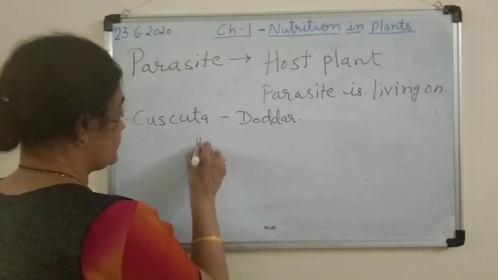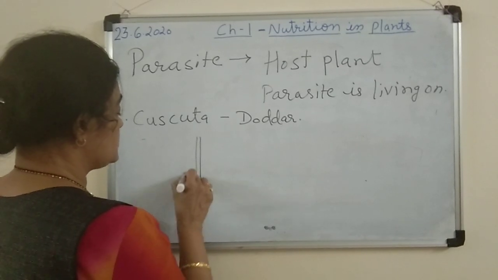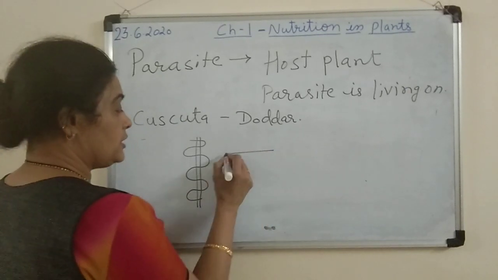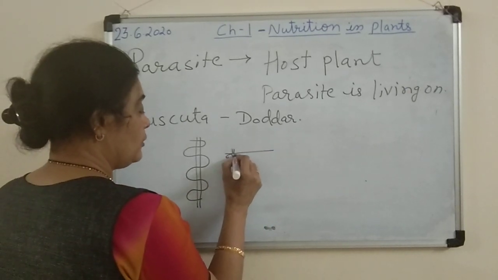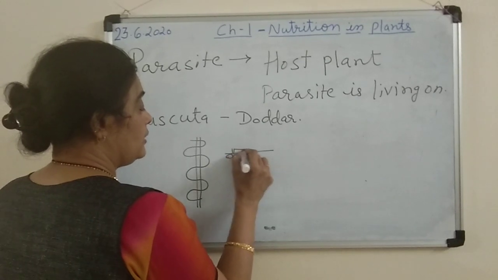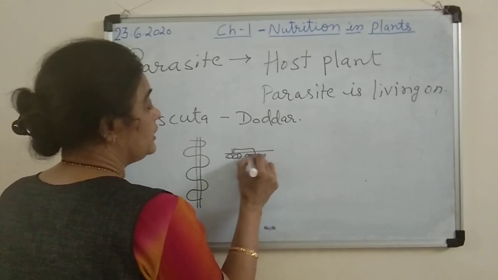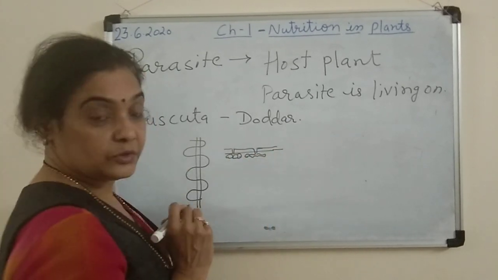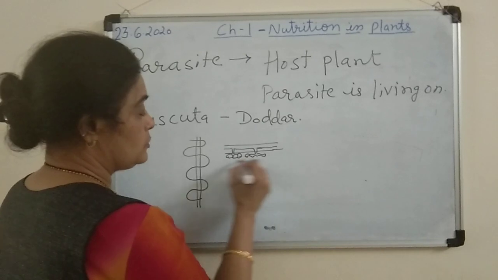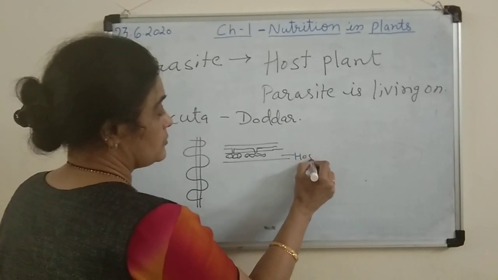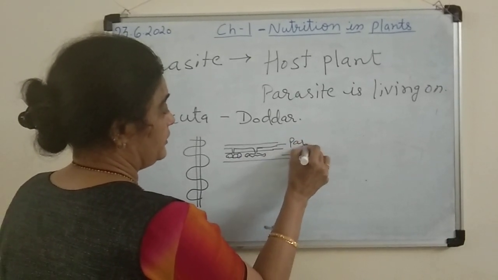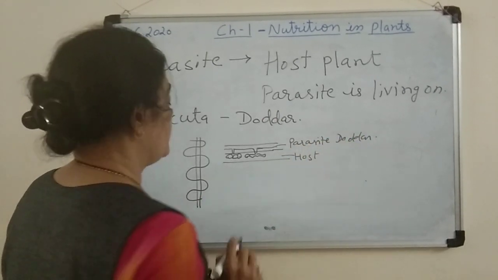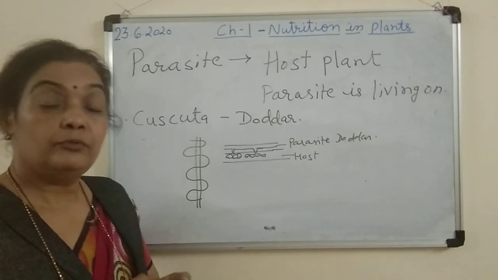Suppose this is the stem, so they insert their haustorium inside, and this is how they absorb the material from the host. This is the host plant and this is a parasite, dodder, and this is how they absorb food.